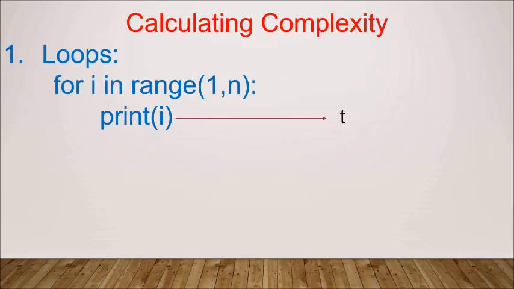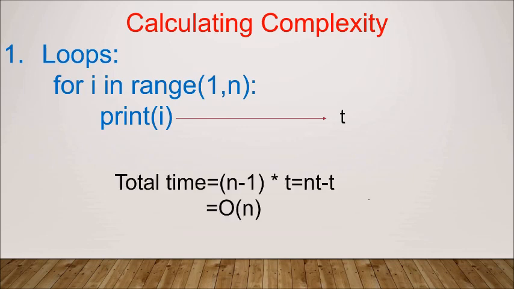So the total time needed will be n minus 1 into t. When we open the bracket, it becomes nt minus t.